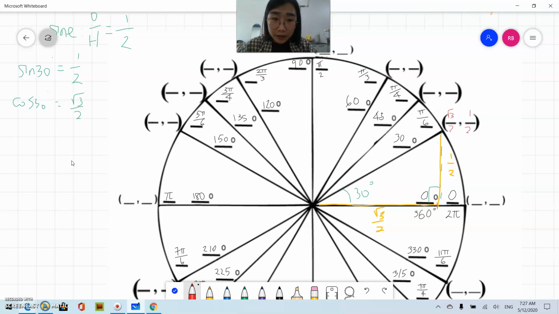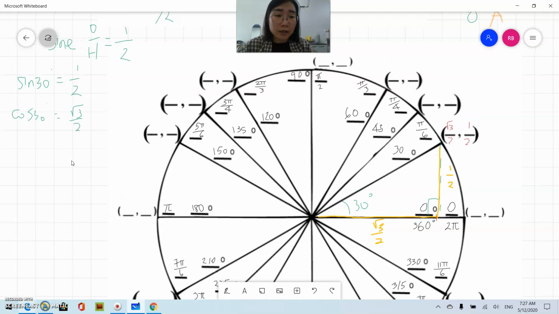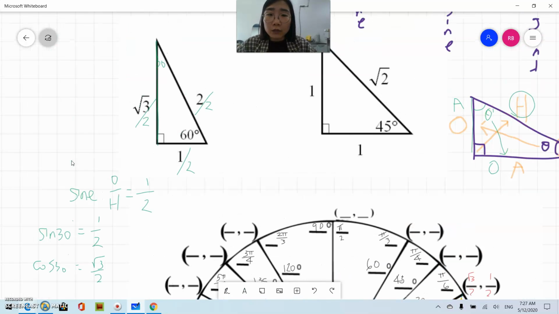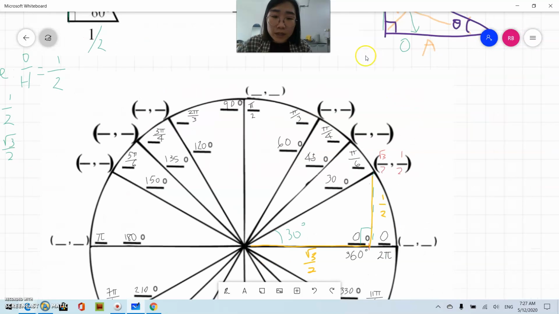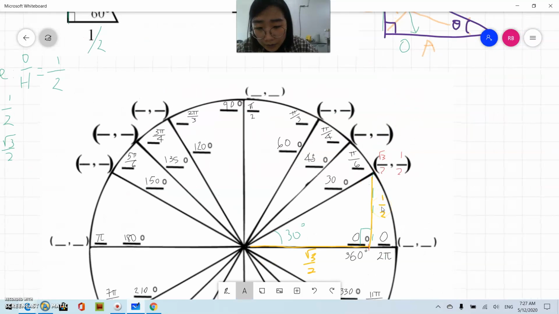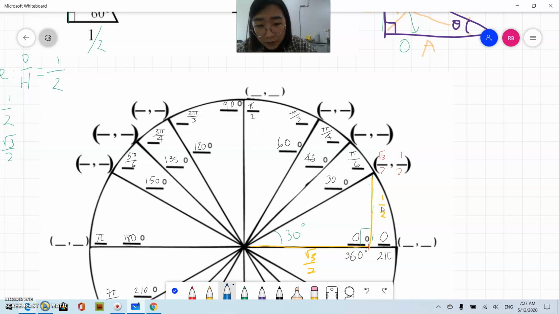So let's look at the 60-degree one, because that's the special triangle. We're going to still use this triangle right here, except now 60 degrees is my angle. Then adjacent is 1/2. That means that cosine is 1/2. Let me draw this triangle right here. This is 60, right?